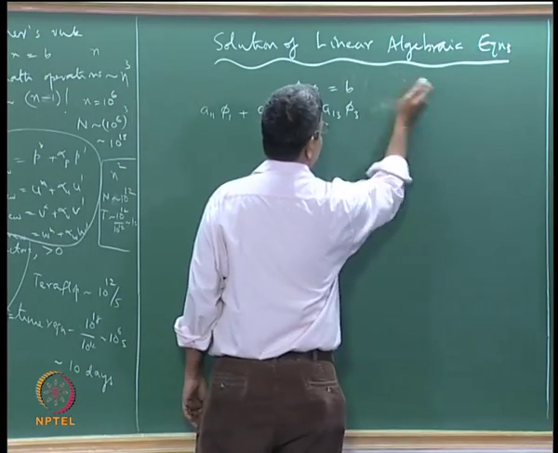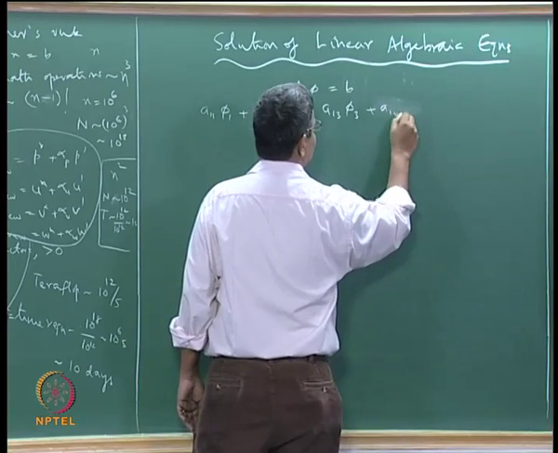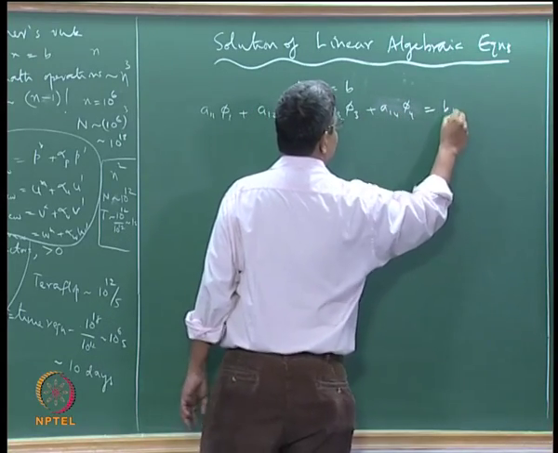We will put one more, a14 phi 4 equal to b1.